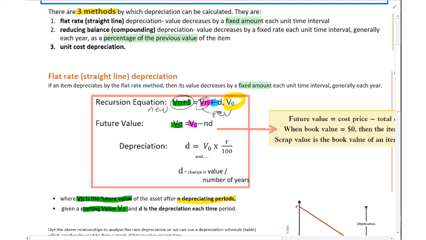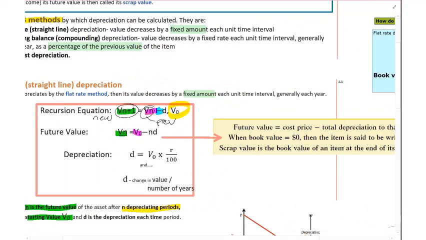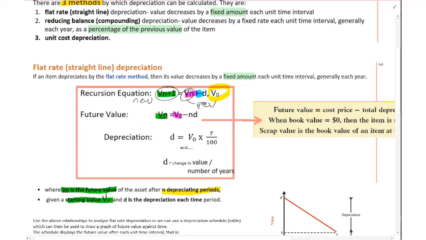So we've gone through what the different terms are, except for D. D is depreciation each time period. We calculate that using this formula here. So we've got V0, the starting value, times the interest rate divided by 100.